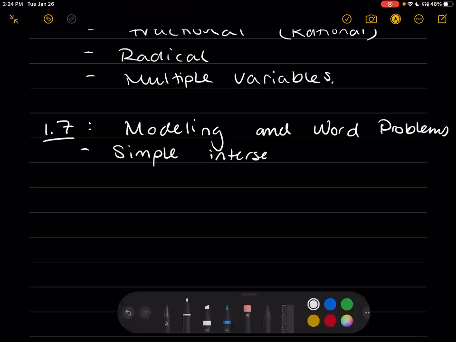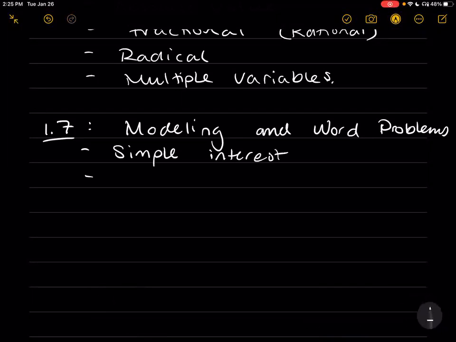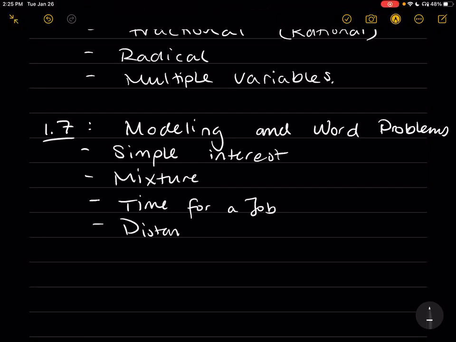Oops. If only I could spell. Terrestrial. And then we also talked about mixture problems, everyone's absolute favorite. And then we also talked about time for a job. And then, of course, distance, rate, and time problems.